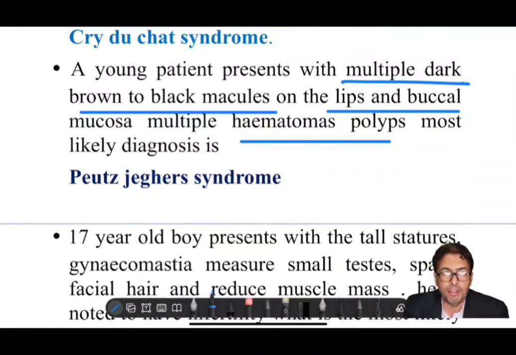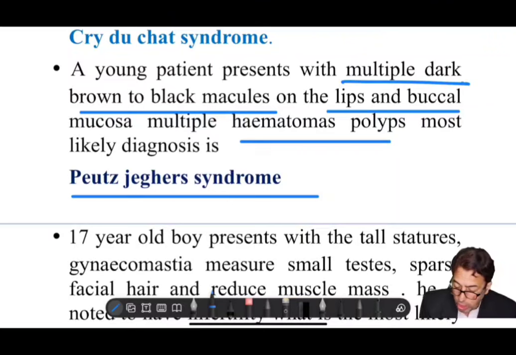Now you are well aware of this important topic. Polyposis coli can be multiple. It's a very, very, very important topic. You have got FAP, you have got HNPCC, you have got Gardner syndrome, you have got Turcot syndrome, you have got Cronkhite-Canada syndrome, and you have got Peutz-Jeghers syndrome.